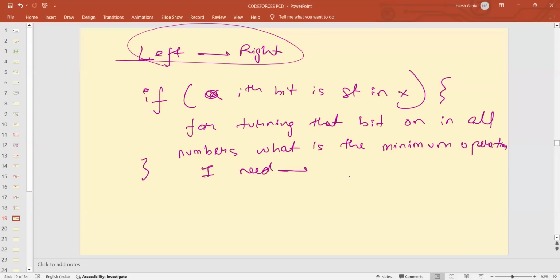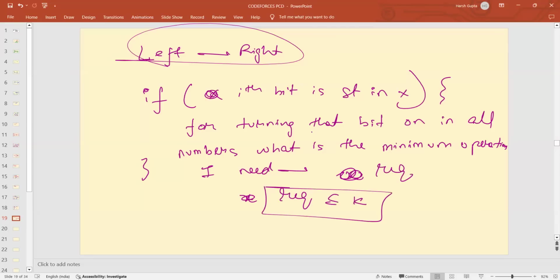If this minimum operations required is, let's suppose, lesser than or equal to k, then we will turn this particular bit on.